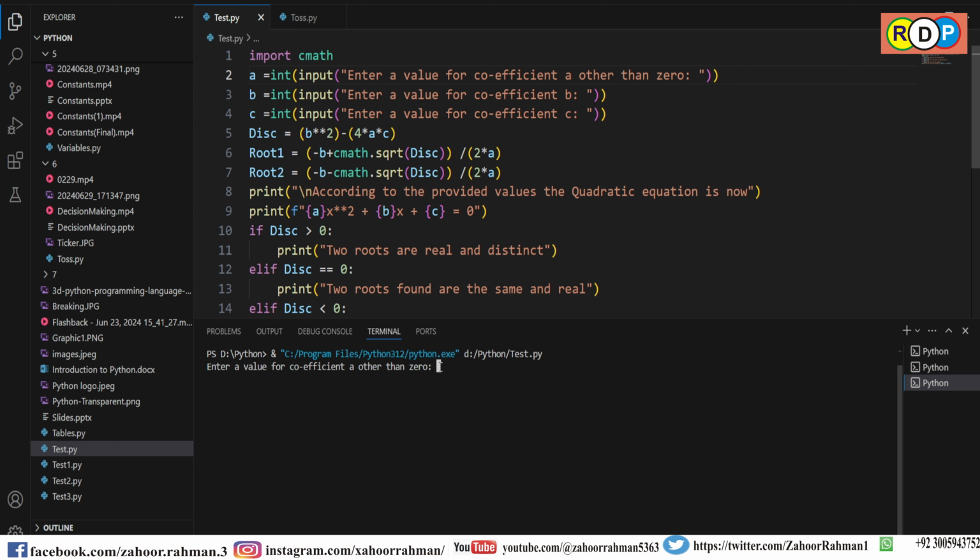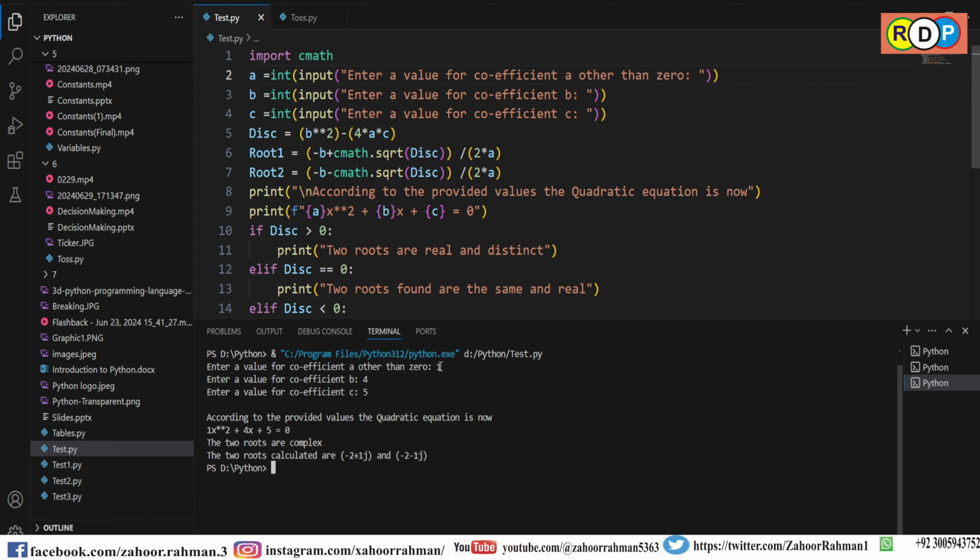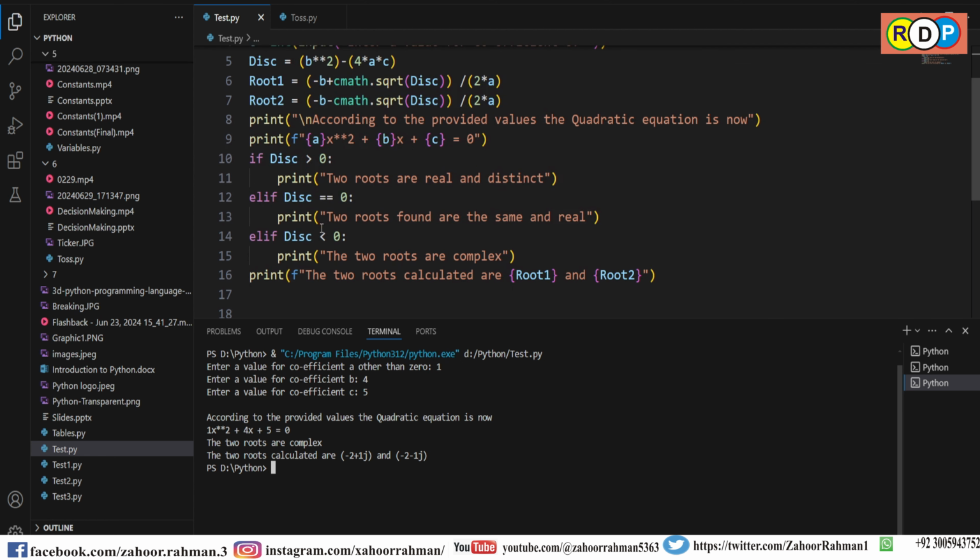This time I will check the value 1 for A, 4 for B, and 5 for C. And you can see that 1x square plus 4x plus 5 gives two roots are complex. Yes, according to the third condition, discriminant is less than 0, then the two roots are complex, and exactly that is printed here.